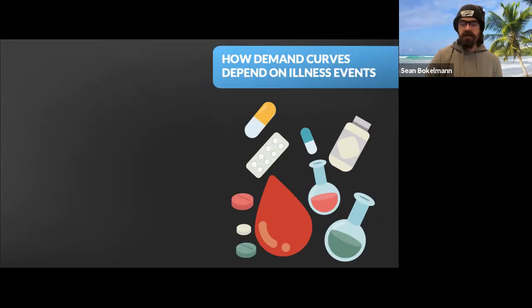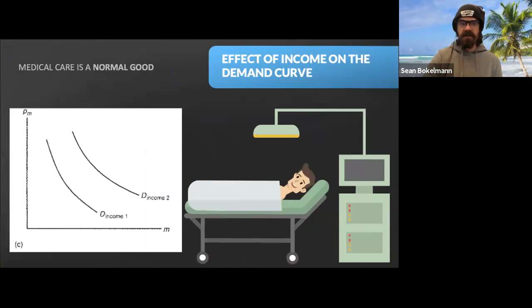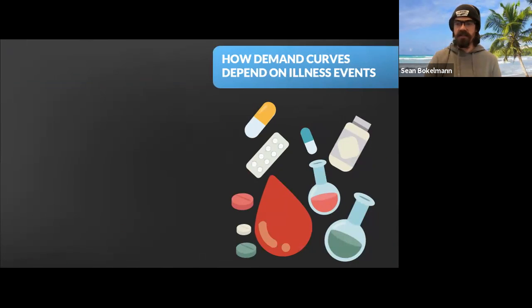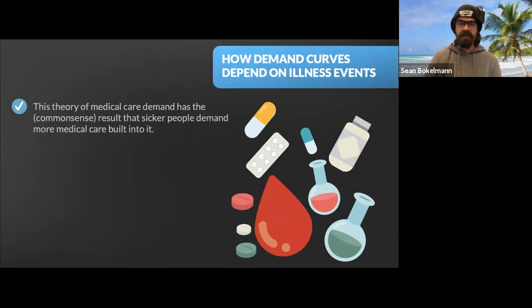So in addition to thinking about how income would affect demand, we can also think about the effect of different illnesses, right? How does the demand curve depend on different illness events? The theory that we've built so far gives us a pretty common sense result in that sicker people will demand more medical care.